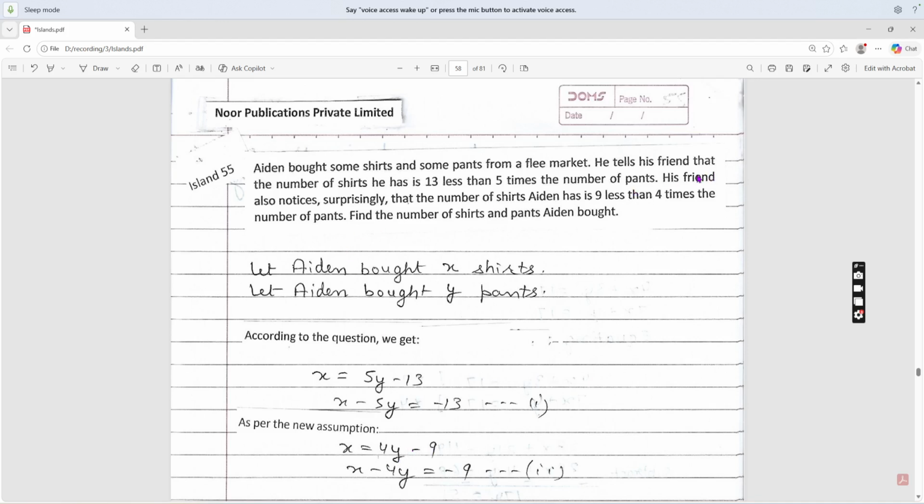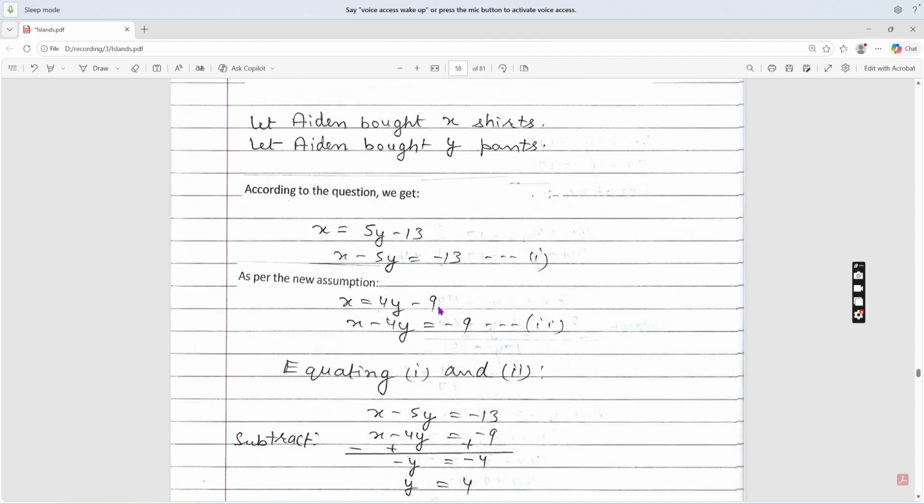Because it is clearly mentioned, his friend also notices that he has number of shirts as 9 less than 4 times the number of pants. So number of pants is y, 4 times the number of pants is 4y, and it is 9 less, so it will be minus 9. So x is equal to 4y minus 9, or we can say x minus 4y is equal to minus 9. So it is equation 1, it is equation 2.